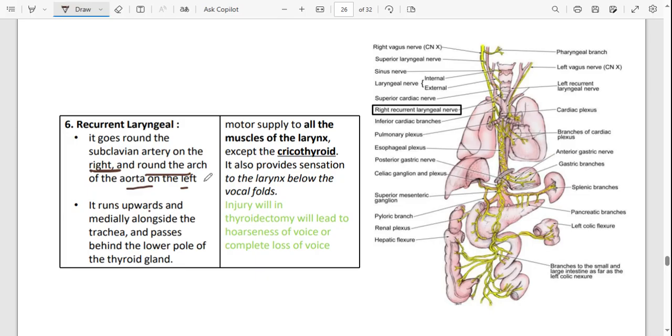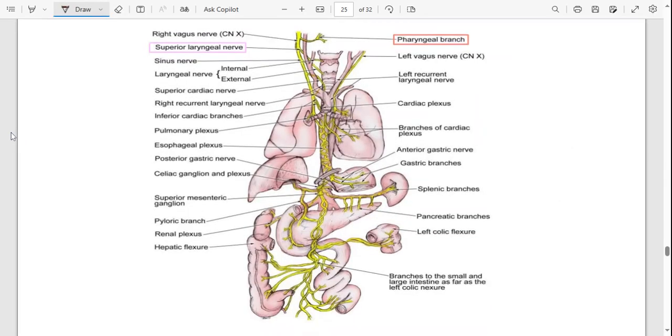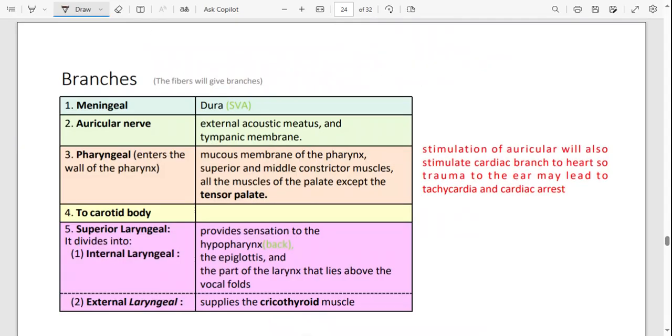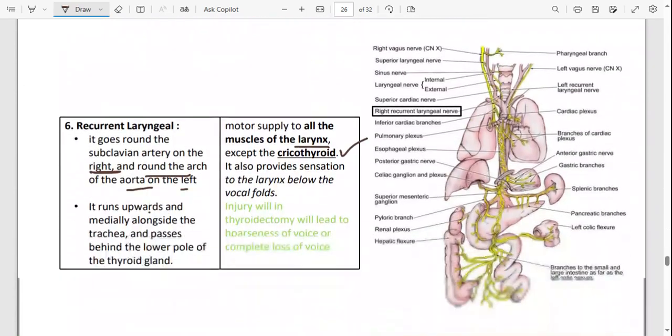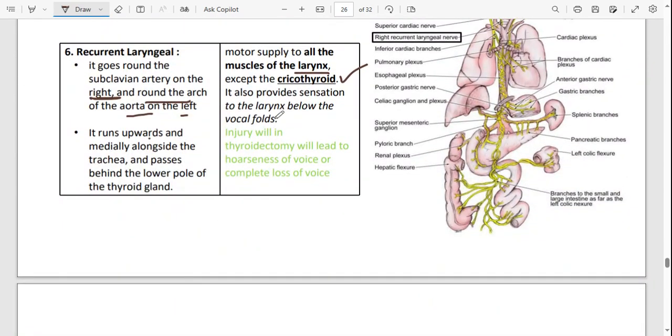So what is important is that this recurrent laryngeal supplies all the muscles of the larynx except cricothyroid. What supplies the cricothyroid is the external laryngeal, right? And it's important to understand that it provides sensation. The same recurrent laryngeal provides sensation to the larynx below the vocal cords.